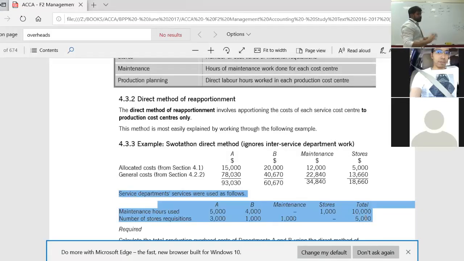Now see what happened when I tried to transfer this, I tried to make this 0. This got distributed here, and some part of this went into the other service department also, correct? Now let's do a total of this and see what you get here. 22,144. Fine, we got this one.